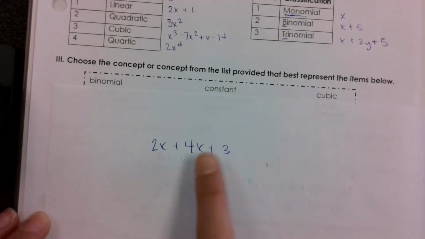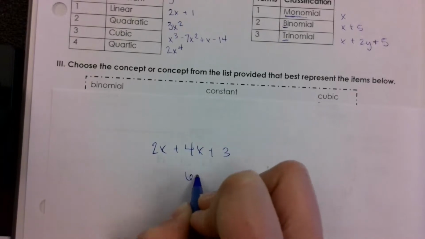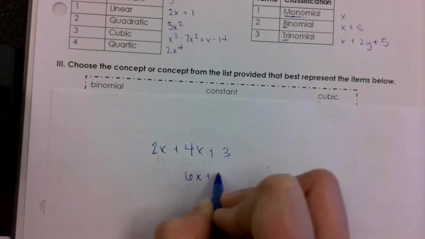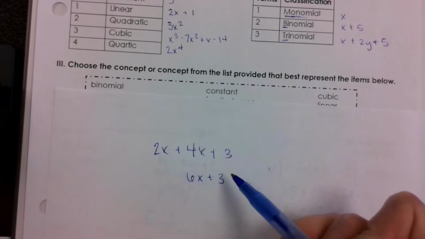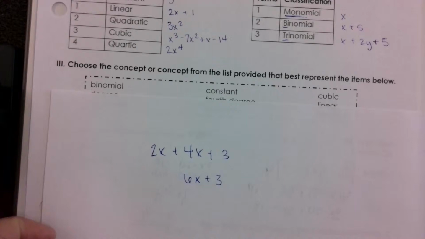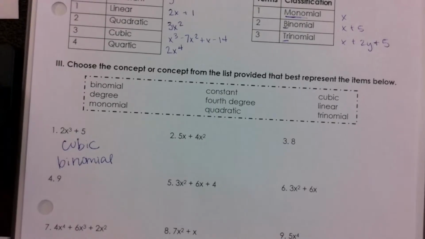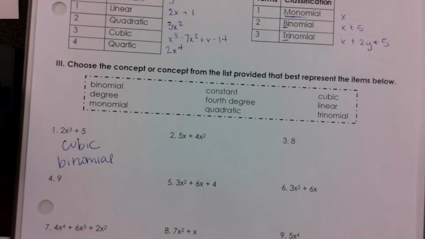If you combine your like terms, then that would become a binomial, but they wouldn't give you something like that and then ask you what it was. You're probably not going to have a question on the EOC that's like, hey, what kind of expression is this? Is it a monomial, binomial, trinomial? They're not going to ask you that, but you've got to understand this stuff to apply all the stuff we're going to learn later. Does that make sense? Can we try another one? Do we have any other questions right now?